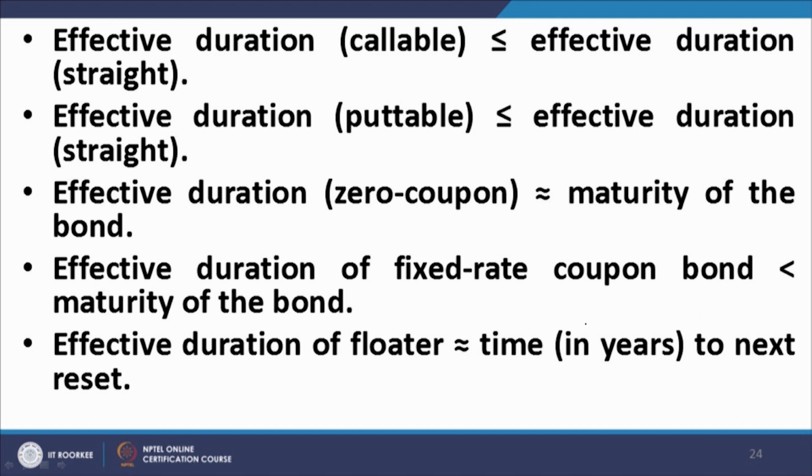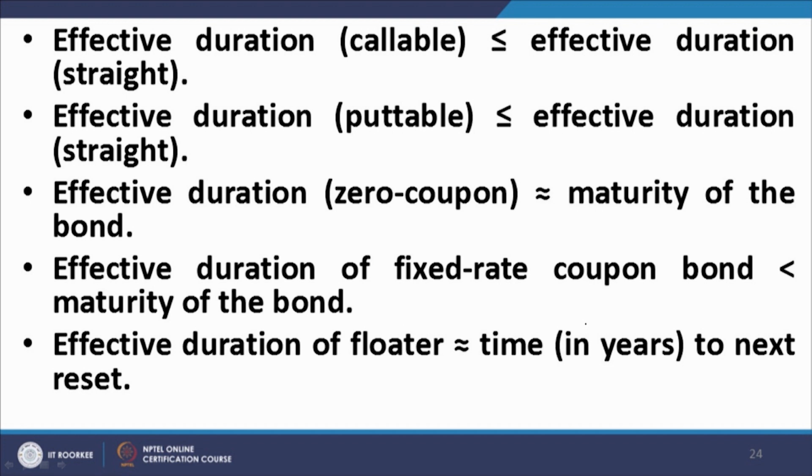Effective duration of a puttable bond is also less than or equal to effective duration of a straight bond, because, as I mentioned a couple of minutes back, the embedded options have the impact of reducing the life of the bond in the event that they turn out to be in the money during the life of the bond.